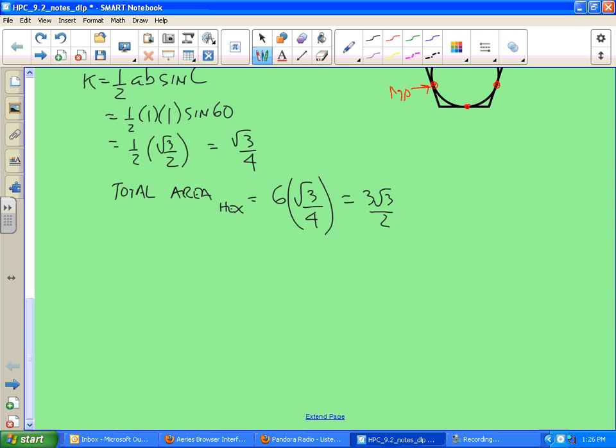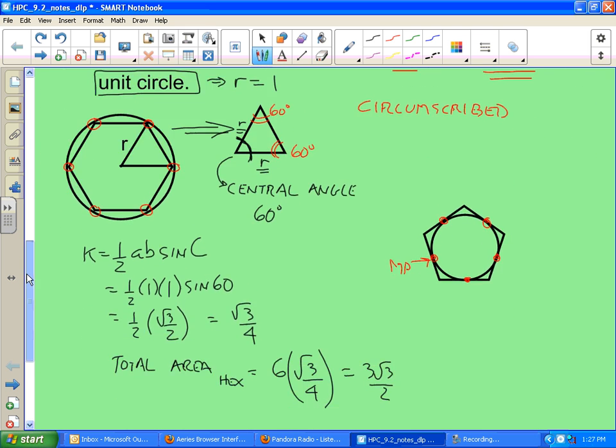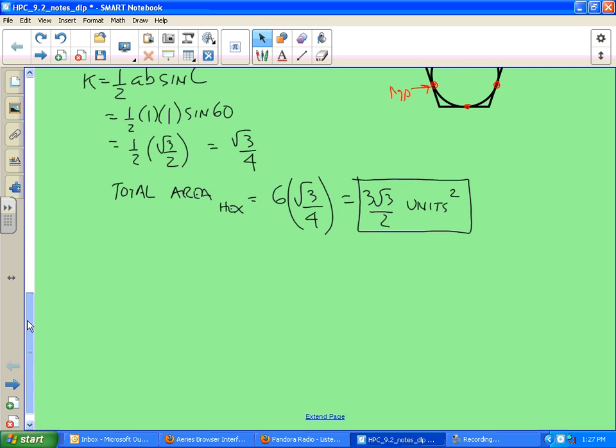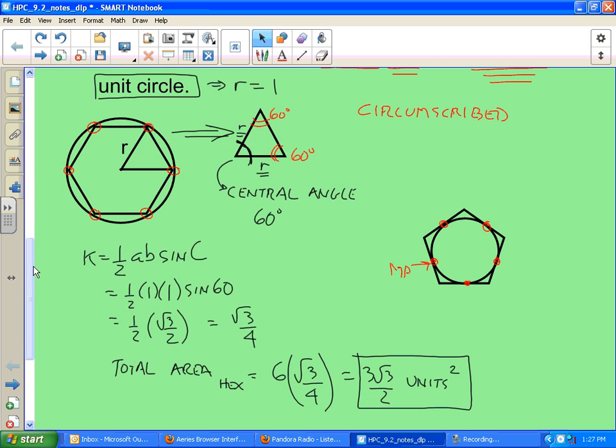Now, were there units involved? So what do we write if there are no units? We write units squared. Don't forget to include the units. That is the area, the exact area, by the way, no decimals, of that hexagon, given a unit circle with radius 1.